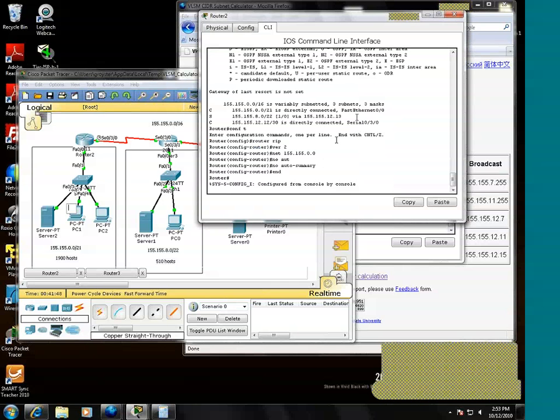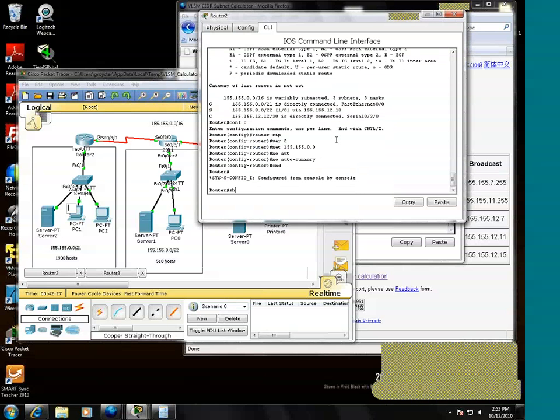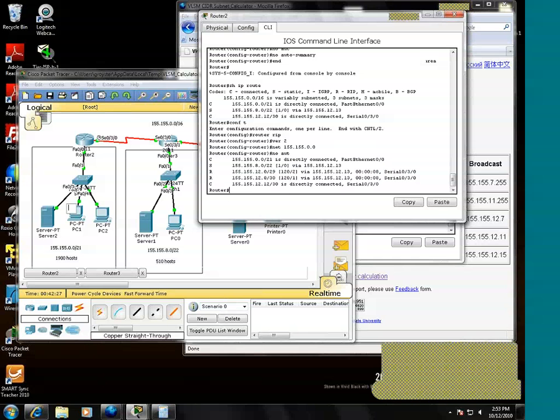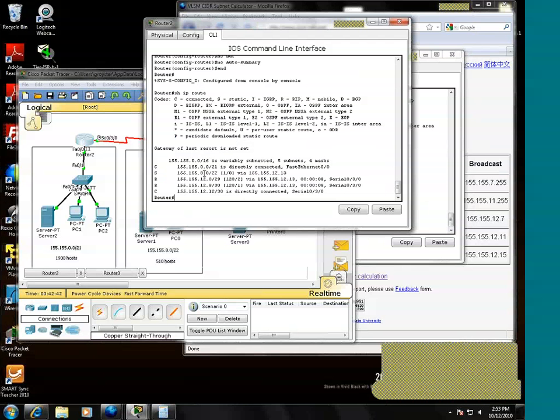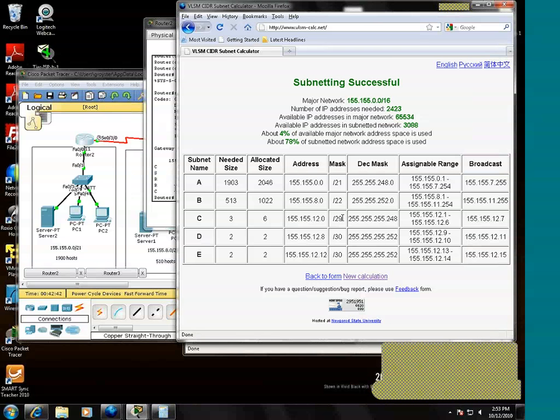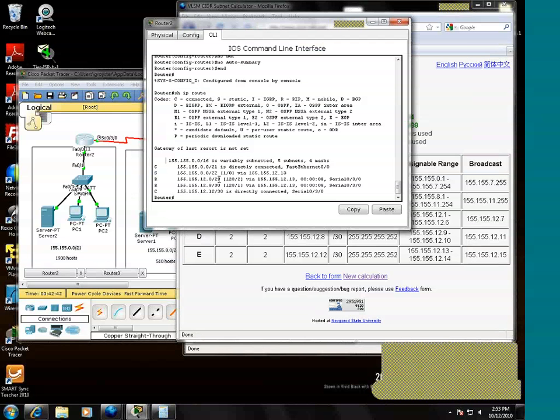Okay, let's see if we can do that. I'm going to look in the routing table. I'm currently in router 2. Okay. The printer is a part of which network? 12.0. 12.0. And there's a 12.0. So we can get the packet to the printer.